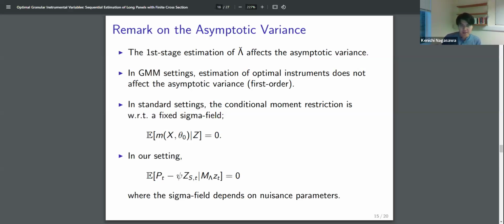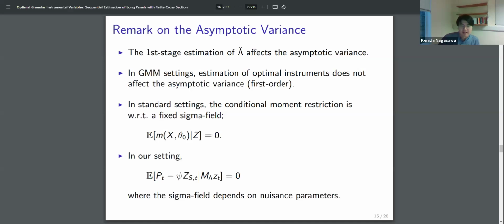Here it seems like estimation of the instrument does affect the asymptotic variance. To explain this difference, I want to highlight that in standard settings, the conditional moment restriction is with respect to a fixed sigma field, meaning that you have some variable z, and the conditional moment is with respect to the sigma field generated by this random vector z.